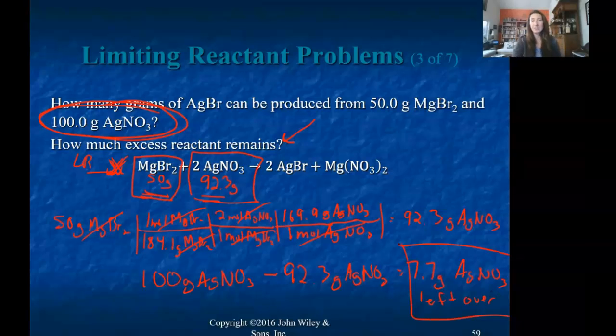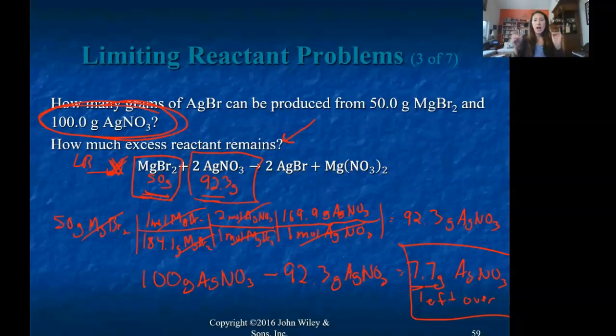This is how much we have left sitting at the bottom. So if we mixed 50 grams of MgBr2 and 100 grams of AgNO3, when our reaction was over, we would still have 7.7 grams of that AgNO3 left over just sitting there, not doing anything because it was what was left over.